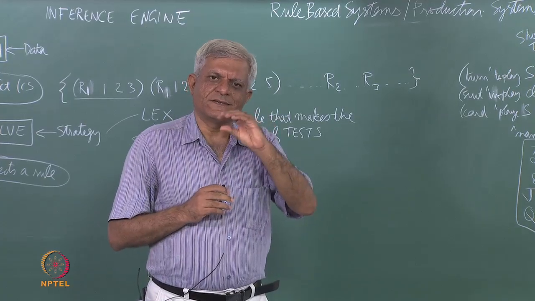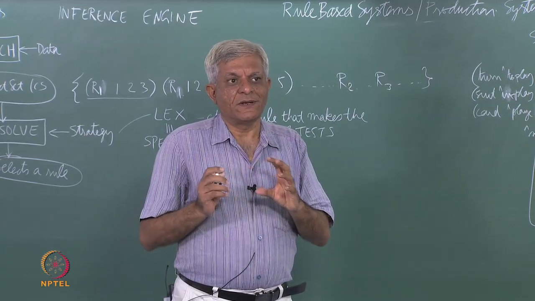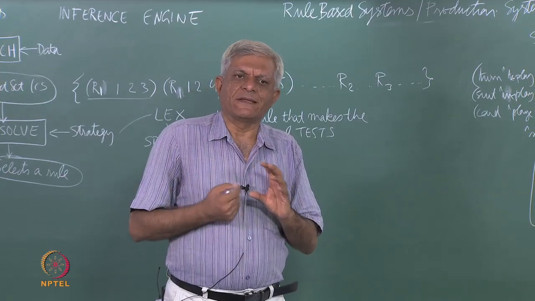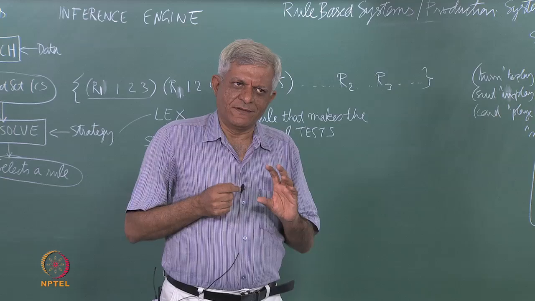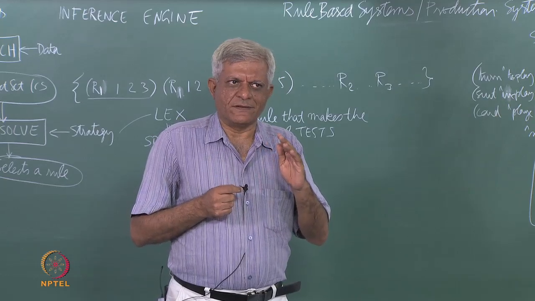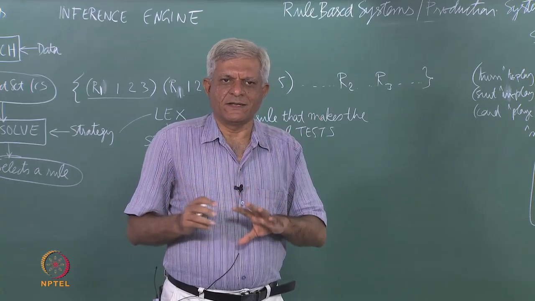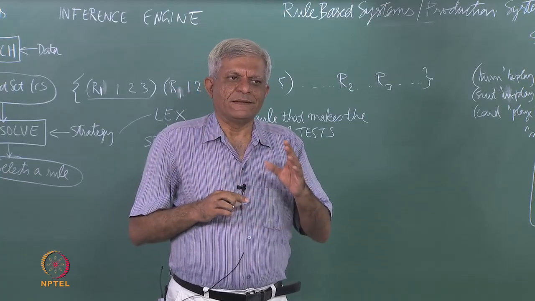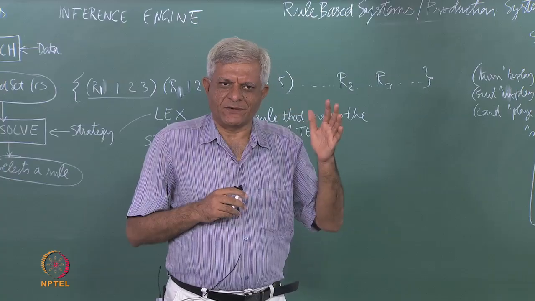Now, the first rule is less specific than the second rule. The second rule requires many conditions to be true, that you should have money, you should be free and that kind of stuff. If both rules match, then the second rule would be selected. Only if the second rule does not match, that means you do not have money or you have an exam tomorrow, then that rule will not match, and then only the first rule will match and that will execute.